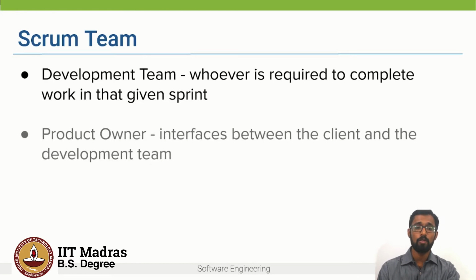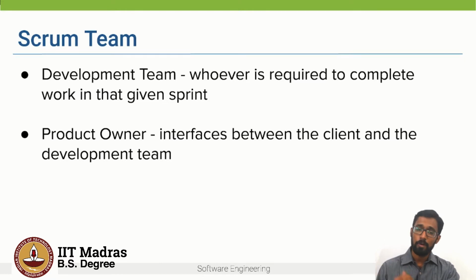Now the second role is that of a product owner. A product owner is a person who interfaces between the client and the development team. The product owner ensures that the team is delivering the most value to the client.